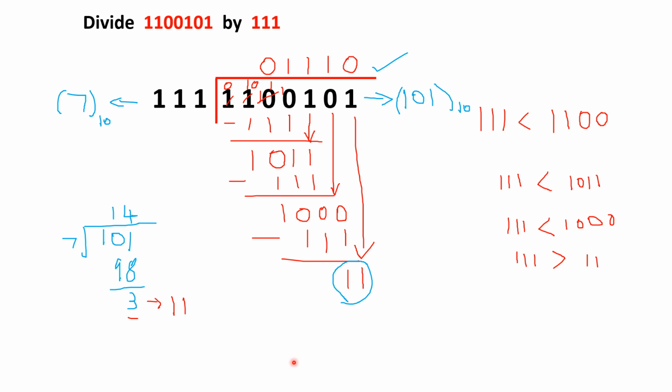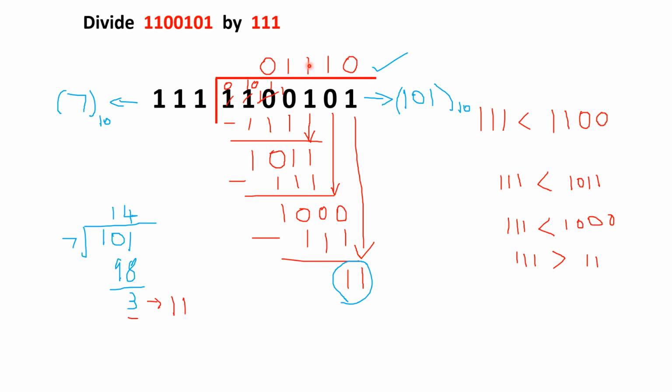Now the quotient. So for the quotient, let's check whether we get 14. So this one is 2 plus 4 plus 8.